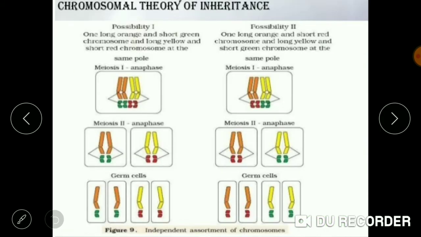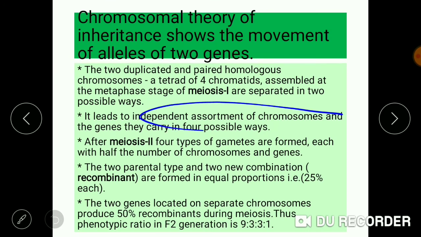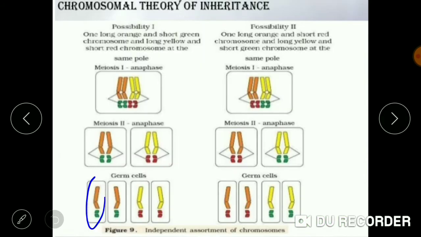So this has led to independent assortment of chromosomes, and each of the 4 gametes which will be formed will have half the number of chromosomes and the genes in both the possibilities.